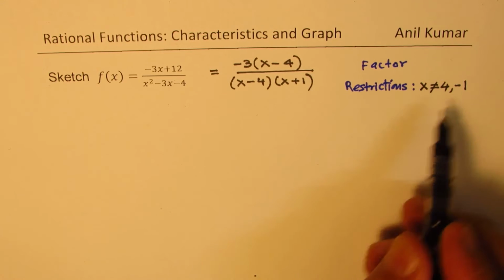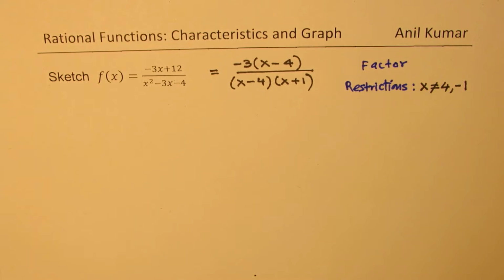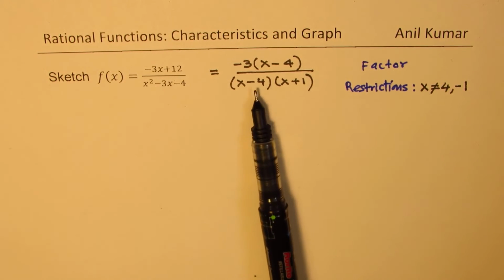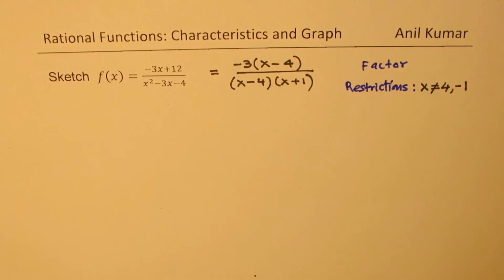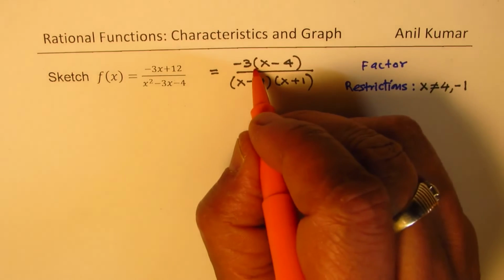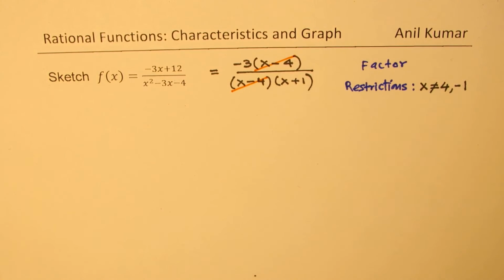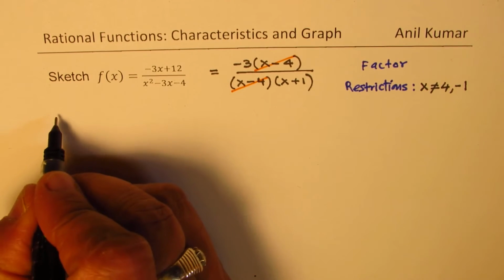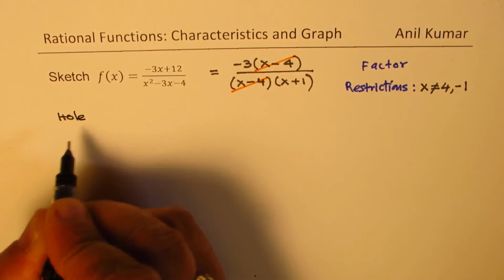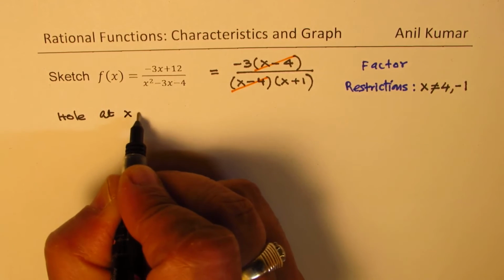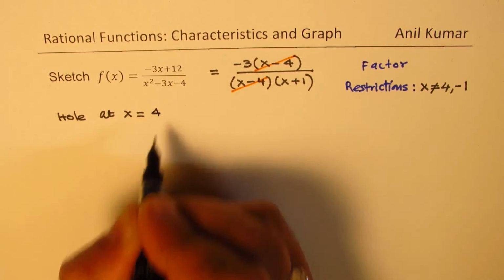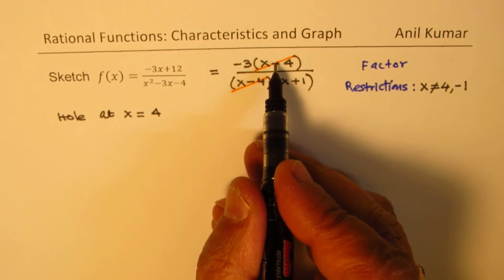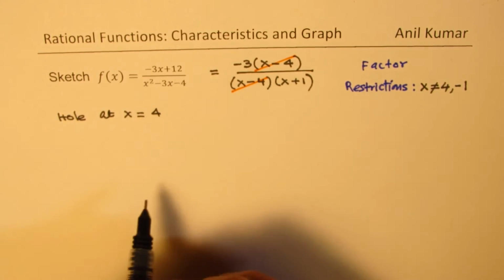So there are 2 restrictions to this rational function. Now what do these restrictions lead to? Well, you can see that x minus 4 is a common factor and it cancels. Since x minus 4 cancels, clearly we have a hole here. So we have a hole at x equals 4, since we have a factor in the numerator and denominator which cancels.